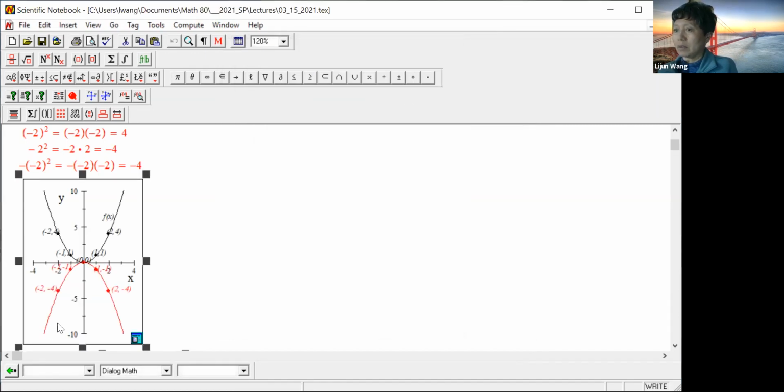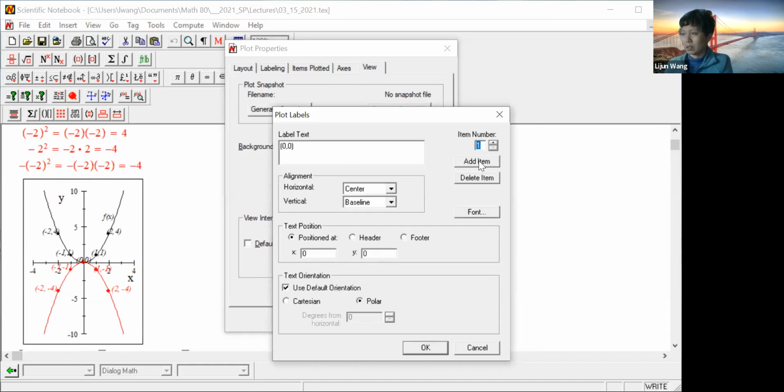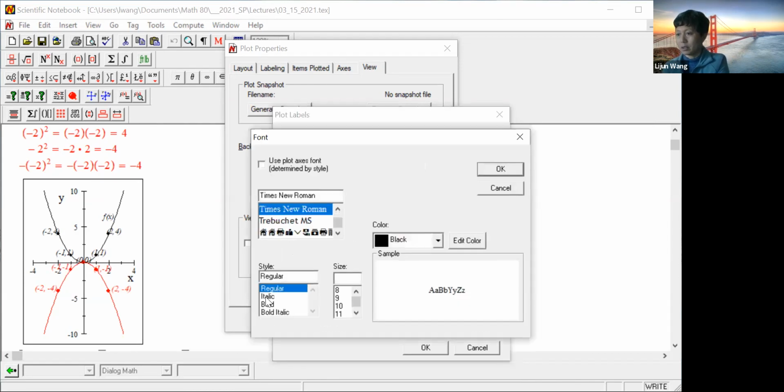Last, this is G. We're going to make it say negative 2, and then we're going to make it red.